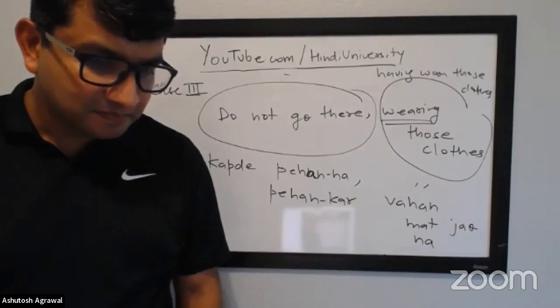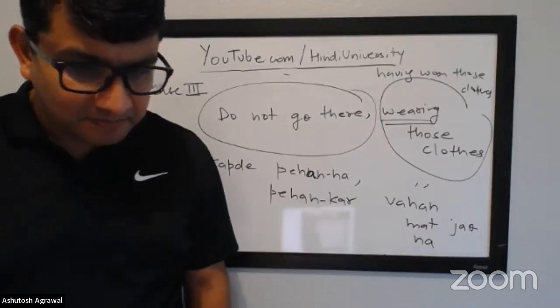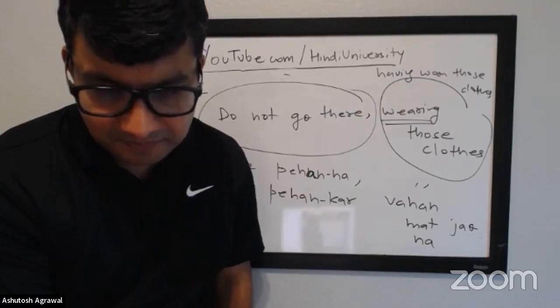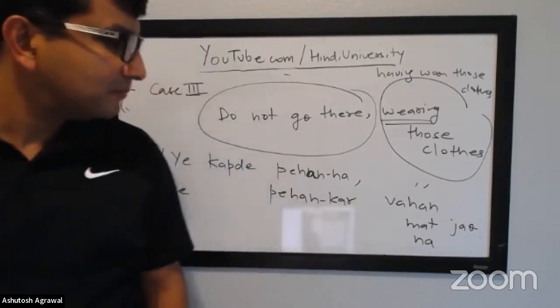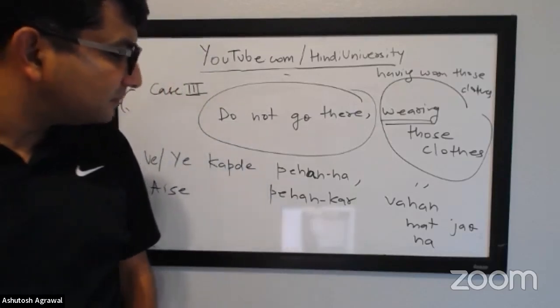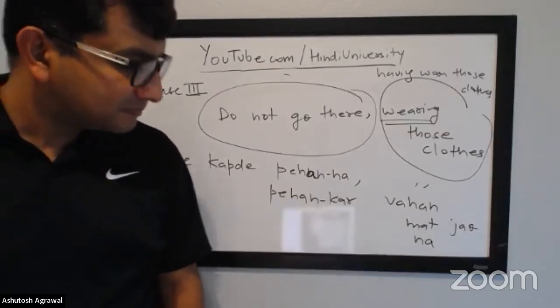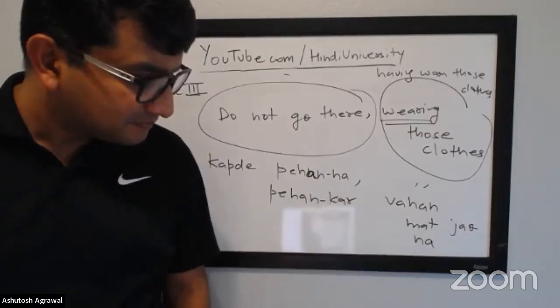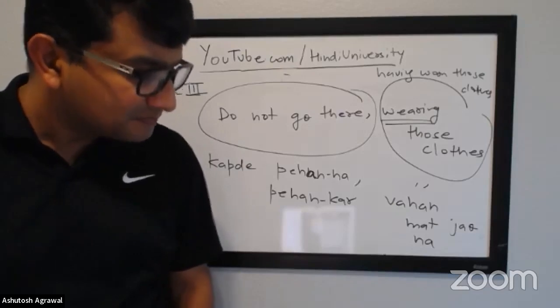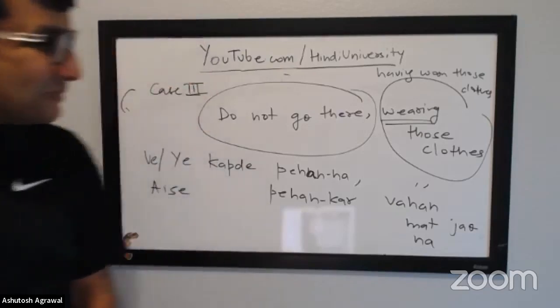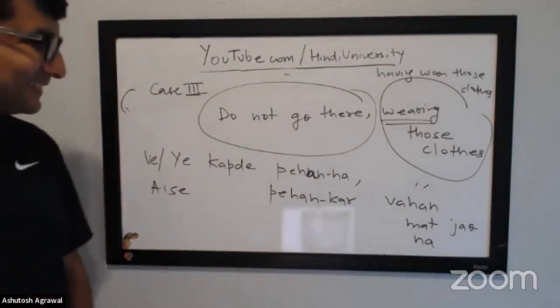So I'm seated. So that's why wearing is the way we would say it in English, but it literally translates to having put on these clothes. Do not go there. That is spot on, because those state verbs mess me up every time. Lying, sitting, standing. Yes. Thank you.